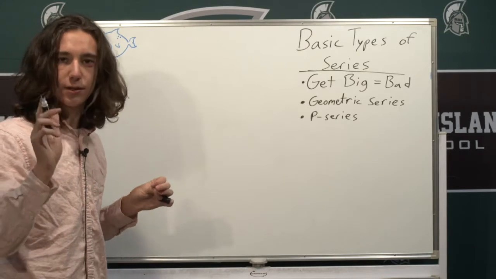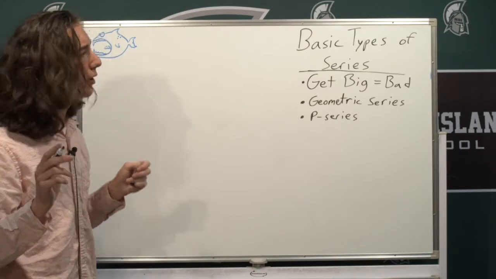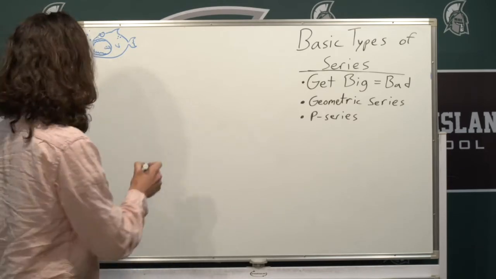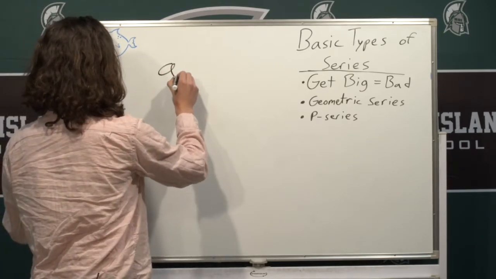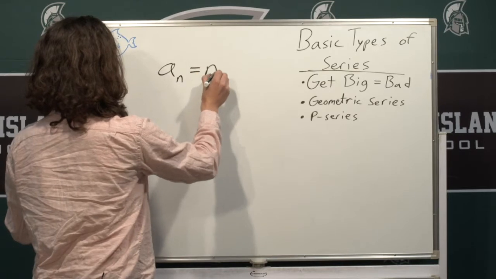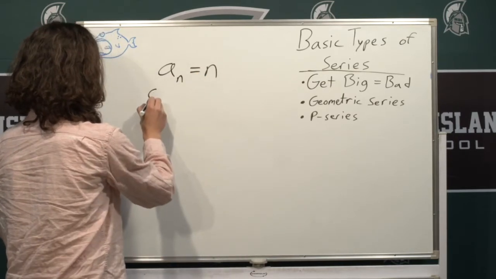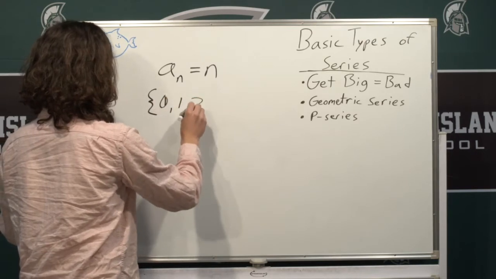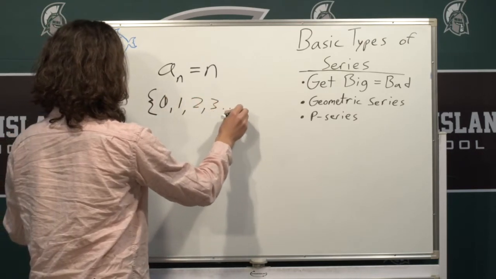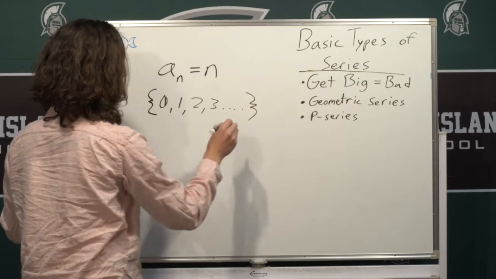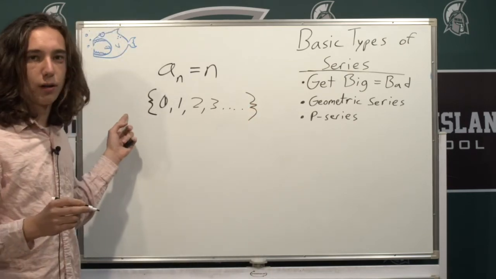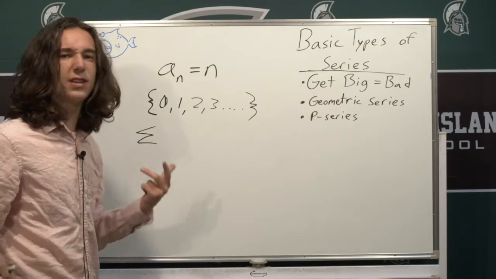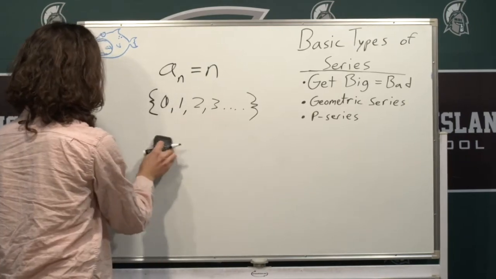But this doesn't necessarily mean that the numbers have to go off to infinity. In some cases, the series will go off to infinity, because if our general term a sub n equals n, so our series looks like this, 0, 1, 2, 3, ... then the sum of this, since each term goes off to infinity, right?